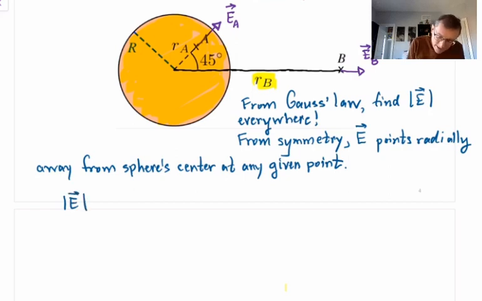This is going to be E magnitude, which I'll just denote by the capital letter E. It will be what's called a piecewise function, because it'll have two different expressions depending upon where you are located.